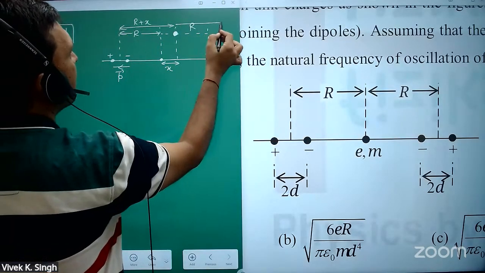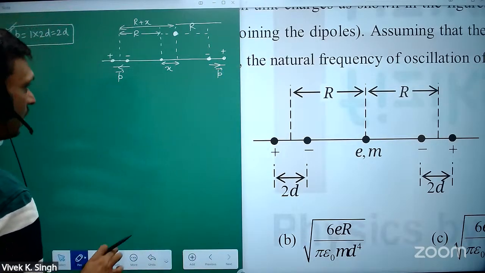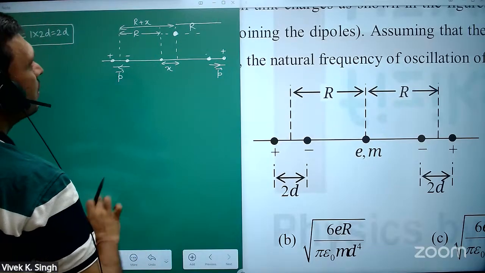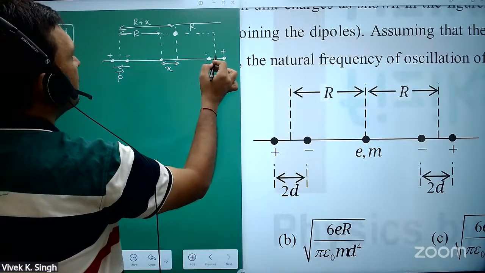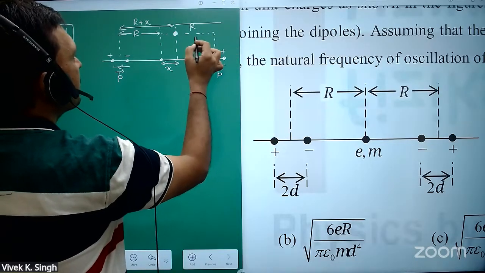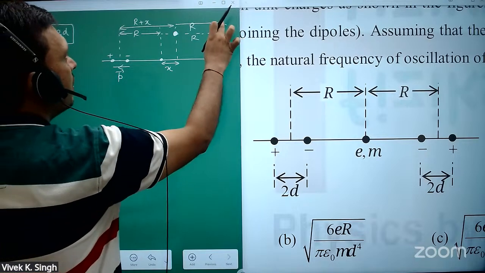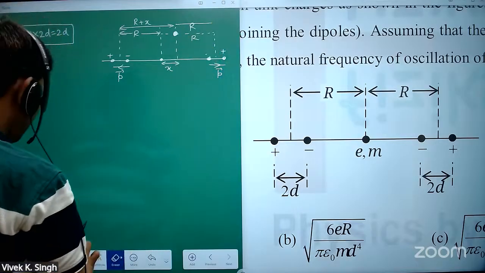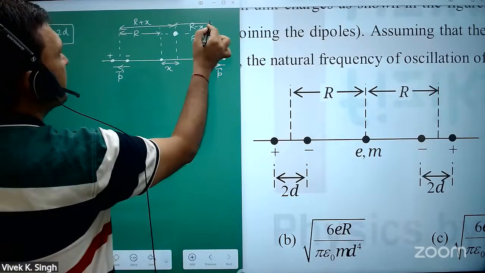And from the center of the other dipole, this distance will be r minus x.